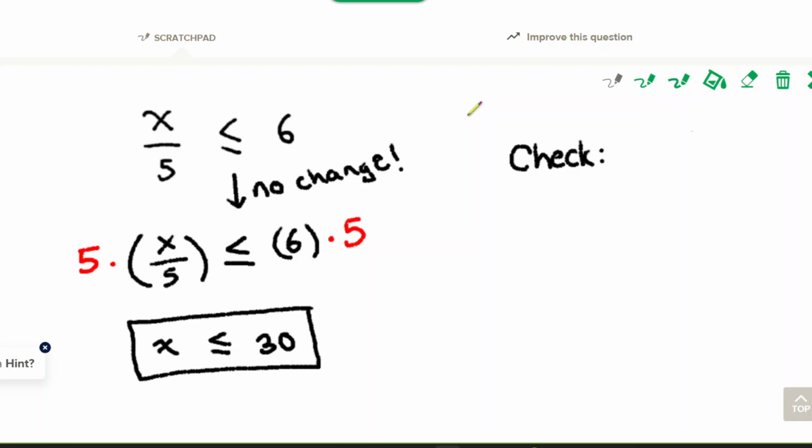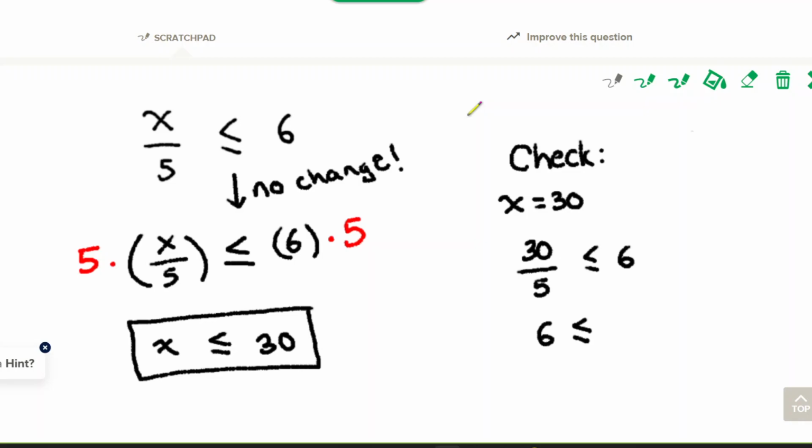All right. So how about 30 itself? What if x were 30? This said x is less than or equal to 30. So I plug that in to the inequality. We have 30 for x divided by 5. And is that less than or equal to 6? And then we simplify both sides here. 30 divided by 5 is 6.